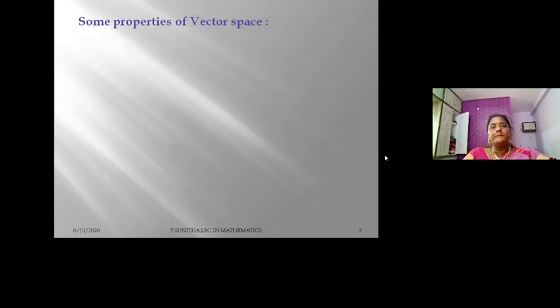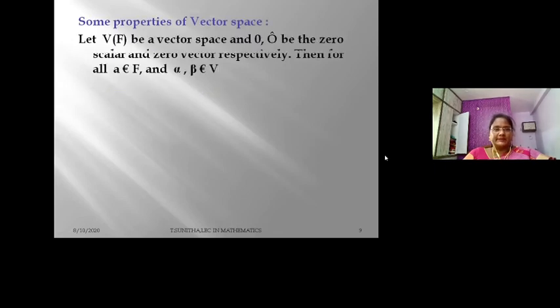So let us see some properties of vector space. Let V of F be a vector space, and 0 and 0 bar be the zero scalar and the zero vector respectively. Then for all a belongs to F, a are scalars.